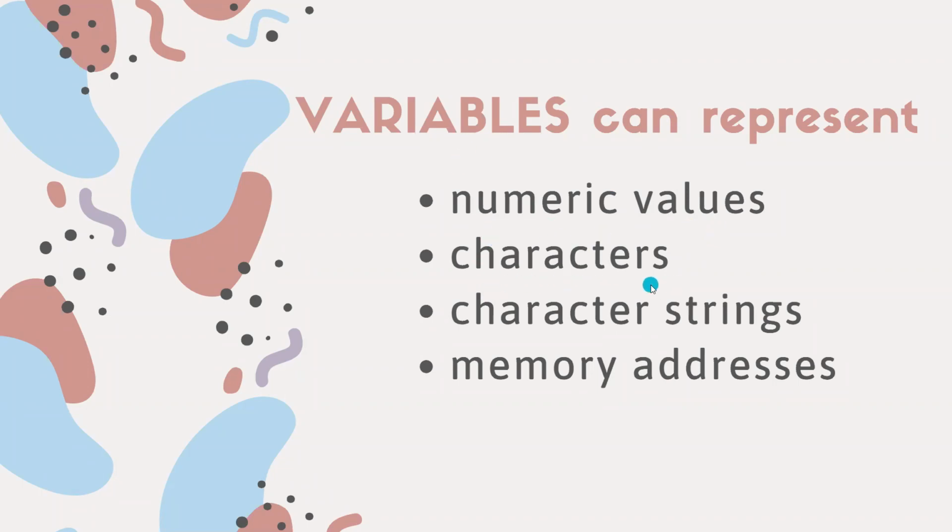A character is only composed of one letter, for example the letter C, or A, B, C, D, and so on, as long as it's only one letter or one number. Another one, a variable can represent character strings. If a character is only one letter or one number, a character string is composed of a word, or 2 digits, 3 digits, and so on.